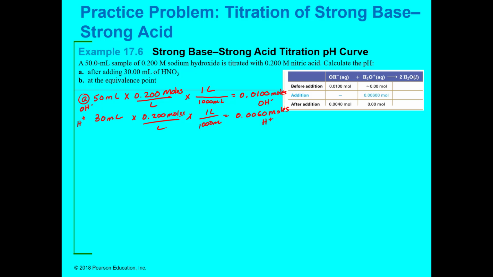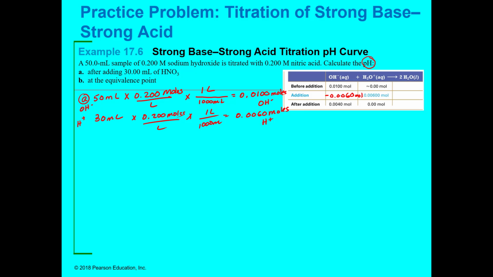Okay, so it wants me to calculate the pH after I add 30 milliliters of nitric acid. So I've got 0.01 moles to start with. I'm adding acid to it, so I'm going to use up 0.0060 moles. Remember, we're talking about moles this time.